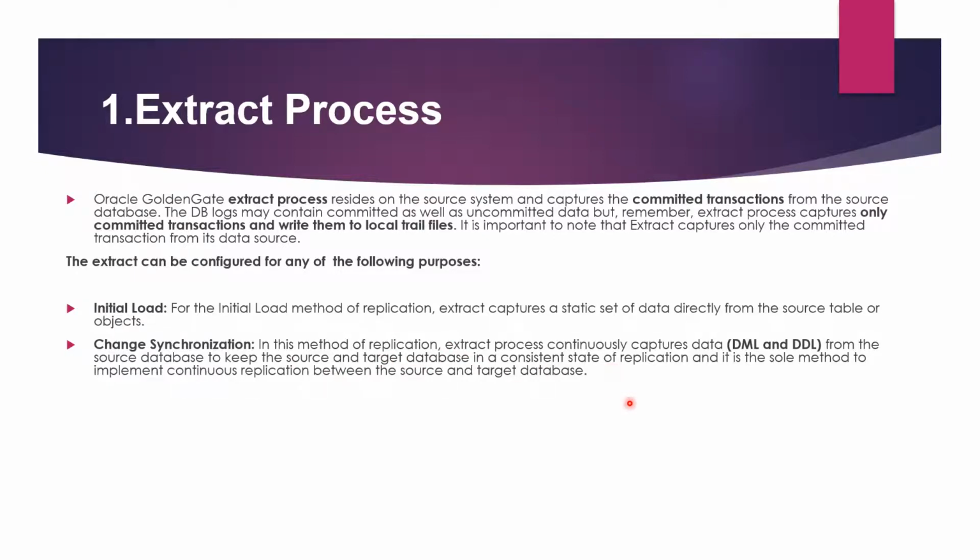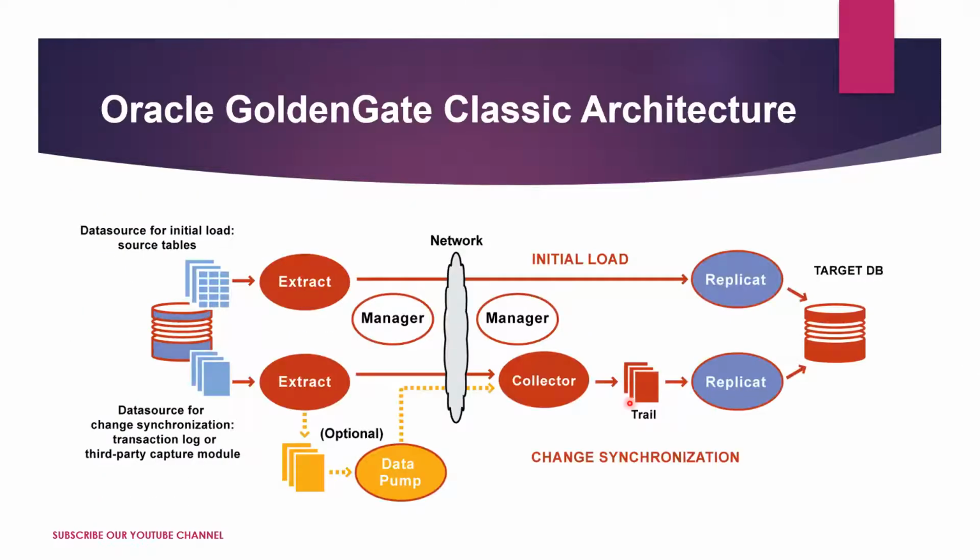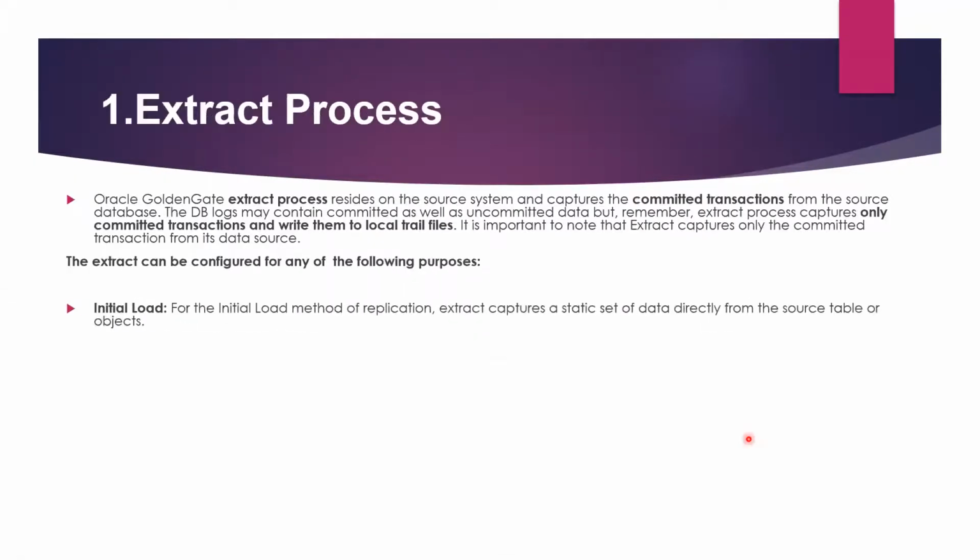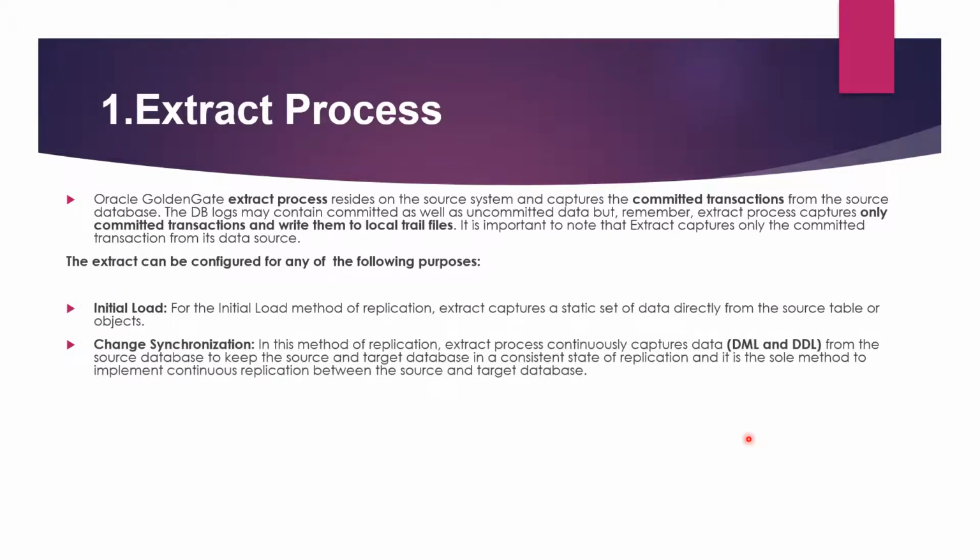It is the sole method for implementation of continuous replication between the source and target. So let me go back to our diagram, so maybe you can understand it better. Extract can be configured either for initial load or for change synchronization only. So initial loads and change synchronization, these are the two things.